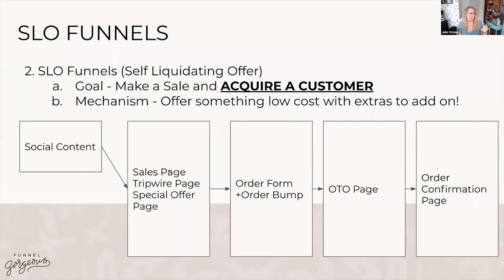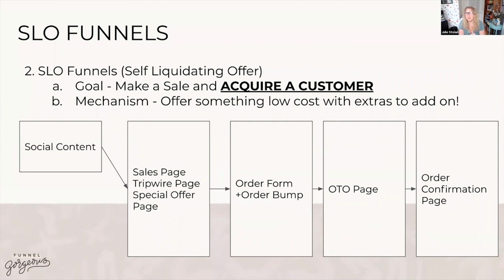Okay, so we have the sales page, super low cost. Then we have the order form where we put in our credit card information. The order bump is the duct tape offer. And then the OTO page is what happens after we check out. It means one-time offer. It's like, hey, you just checked out, that's super cool, so excited to send you your awesome product.